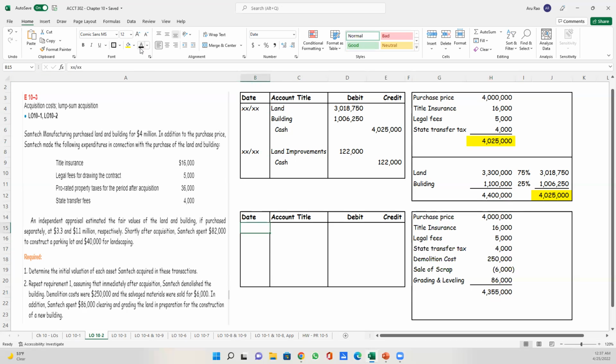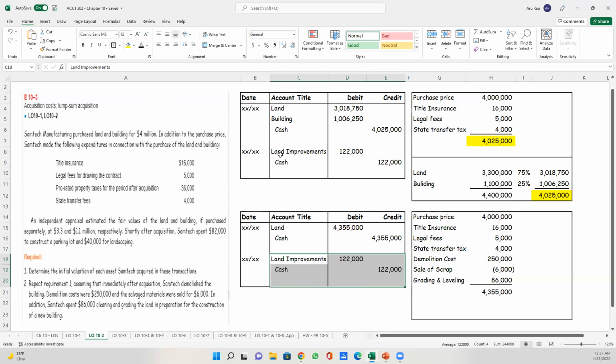$4,355,000. So over here, my journal entry is going to be land debit and cash credit, and the amount is $4,355,000. That's how much I paid over here. Now, the remainder of that journal entry, this land improvement, that stays identical. That's separate from land. I did that separately. So land improvement debit, cash credit, and that is for the parking lot and the landscaping.